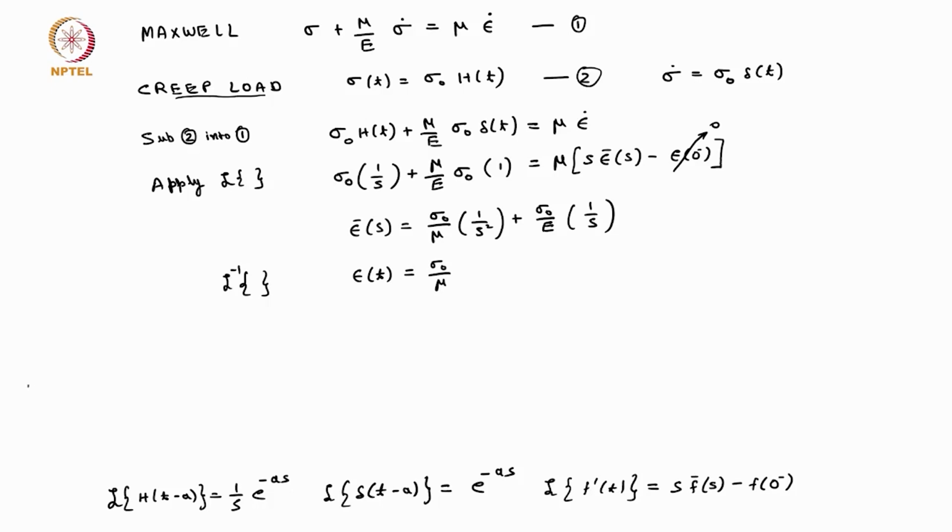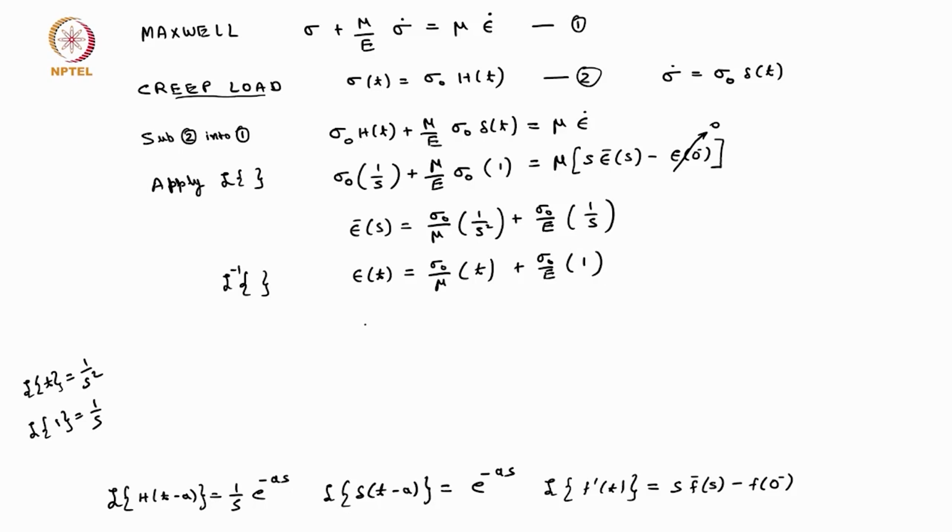From earlier discussions we have seen that the Laplace of time t is given as 1 by s square and the Laplace of a constant is given as 1 by s. So, let us apply this to these equations here. So, the inverse of 1 by s square should give us time t and the inverse of 1 by s should give us a constant 1.